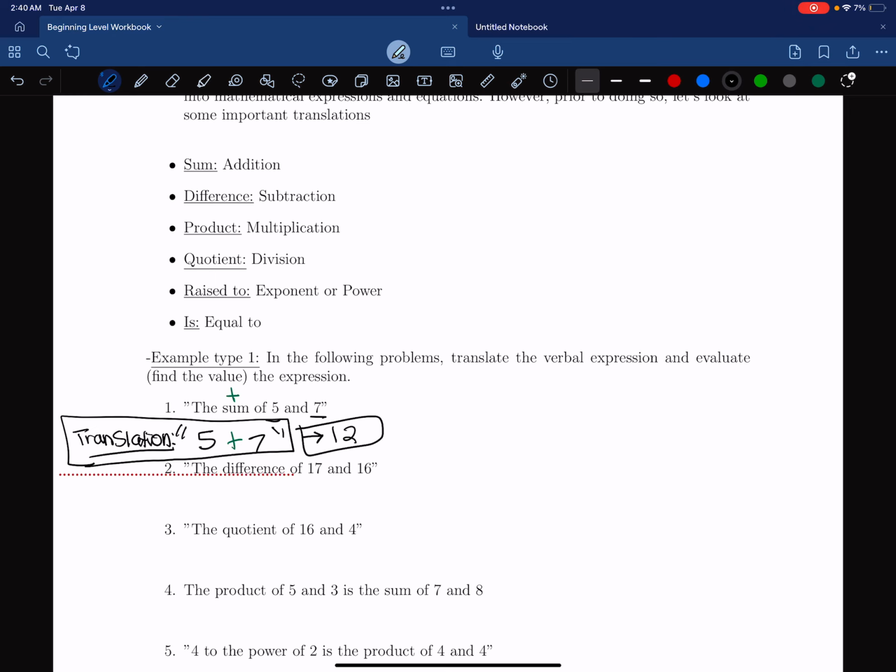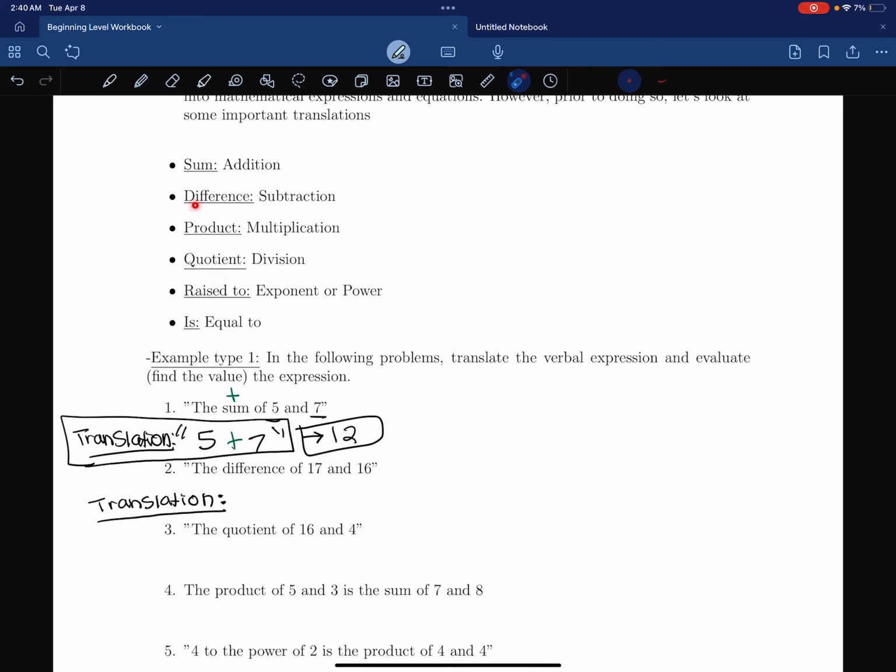Now, looking at example 2, I encourage you to pause the video and try it on your own. And assuming you have worked through it, let's go through it together. So the translation. In order to do that, first let's read the problem. We have the difference of 17 and 16.